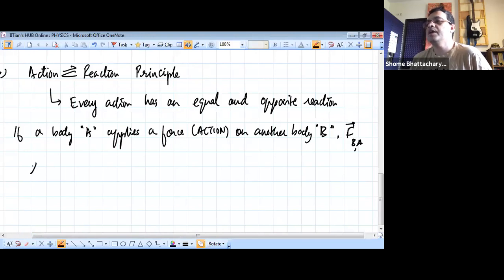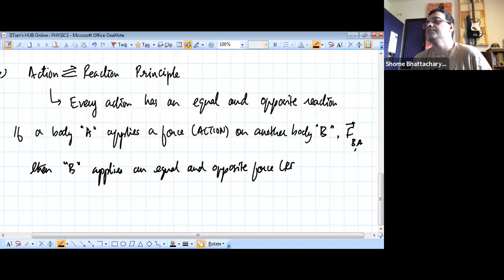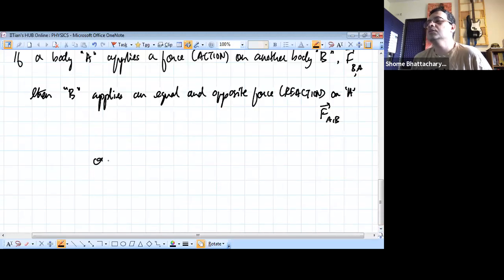Then by definition, B must be applying an equal and opposite force, which we can now call the reaction, on A. So in terms of a formula, Newton's third law becomes: force applied by A on B has this relationship.